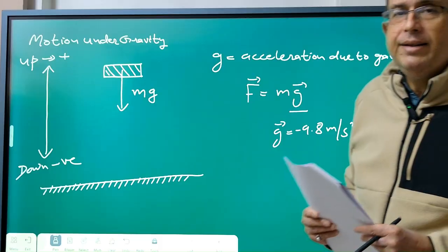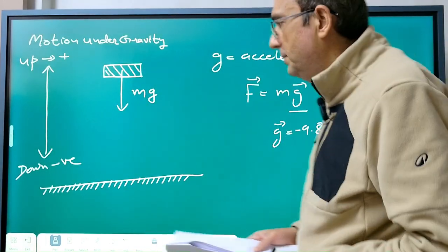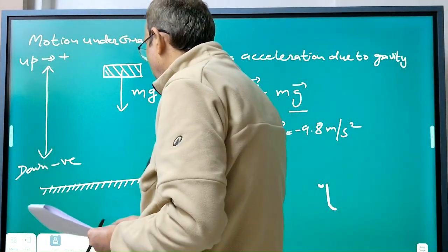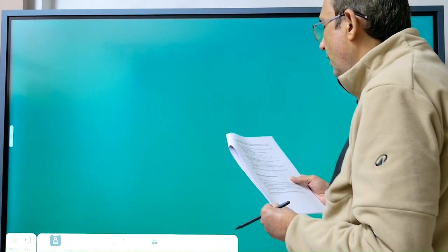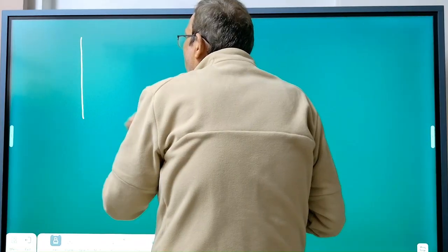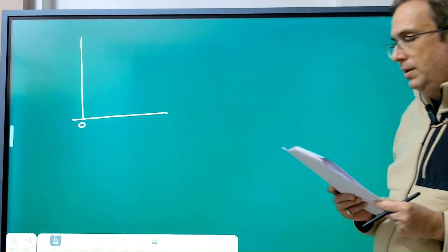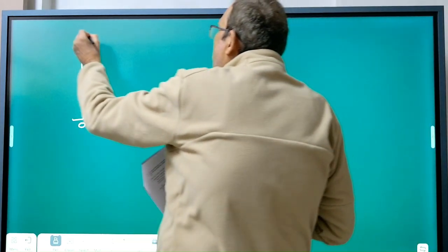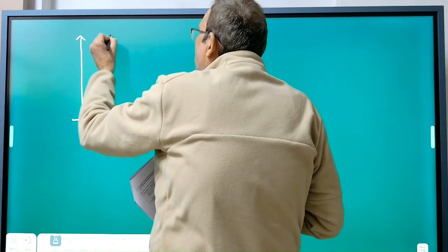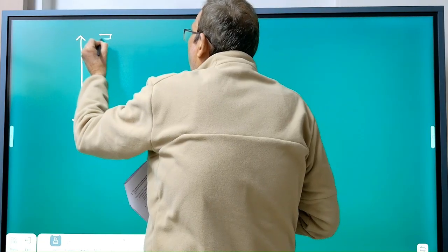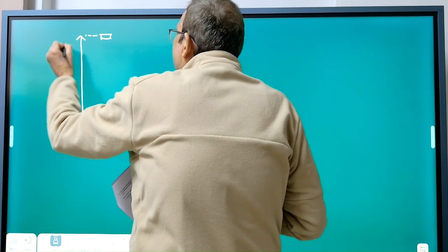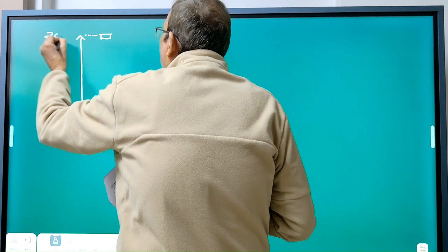So let us illustrate this with the help of an example. Let us say we have made the origin the ground. So this origin is the ground, and the initial position of this object is s, which is 20 meters.